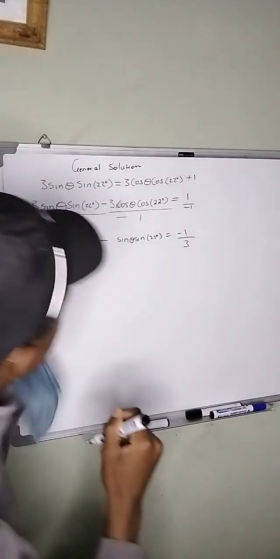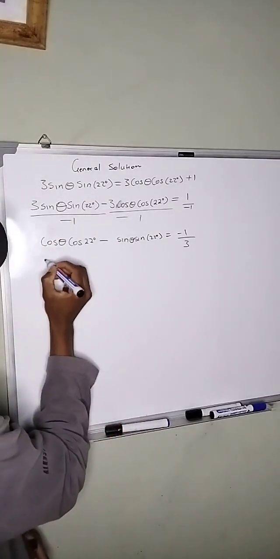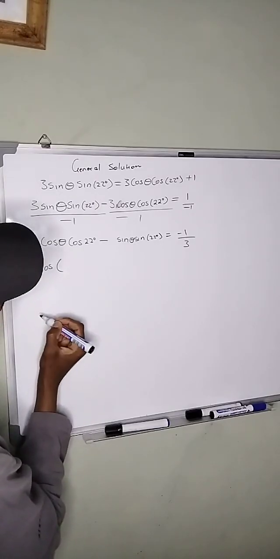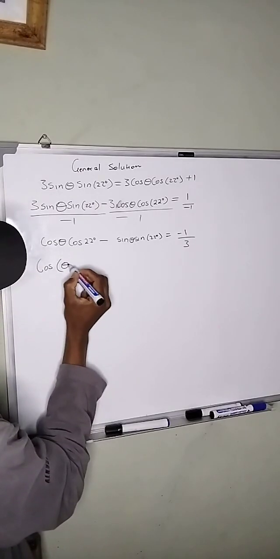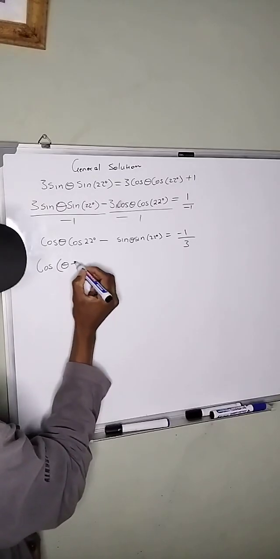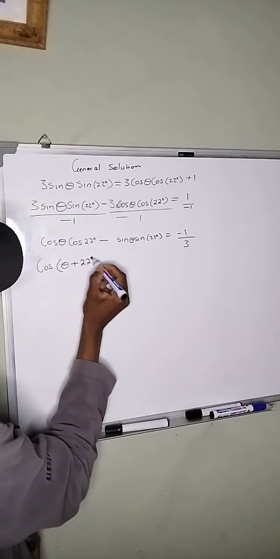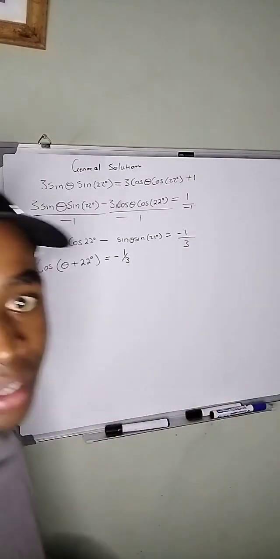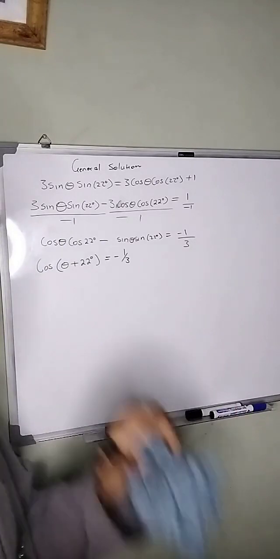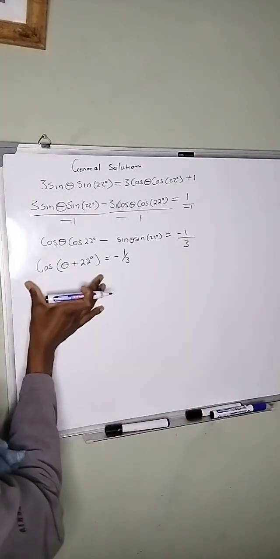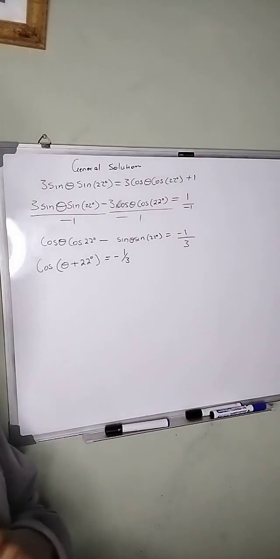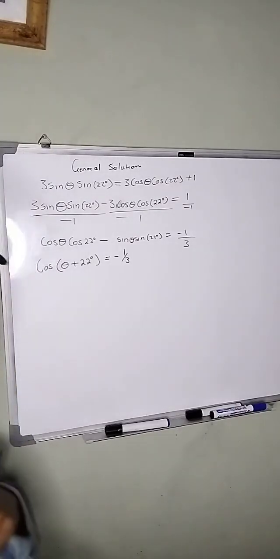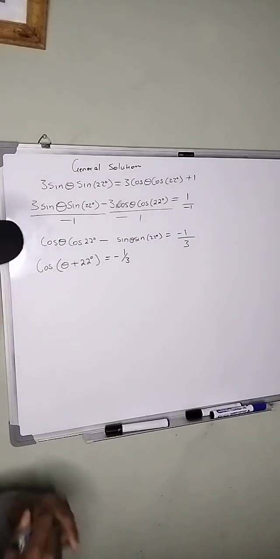So I'm going to choose number 1. So I'm going to say cos theta plus 22 degrees is going to be equal to negative 1 over 3. I reduced this to its identity. Now I can solve for the general solution.